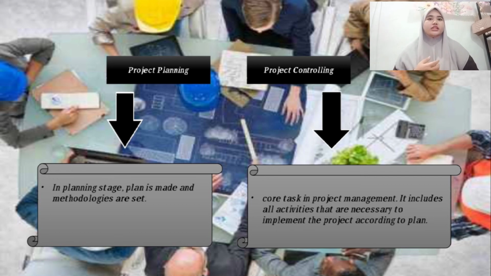In planning, the following steps are followed. First, the objective of the project in definite words. Second, goals and stage intermediates to attain the final target.